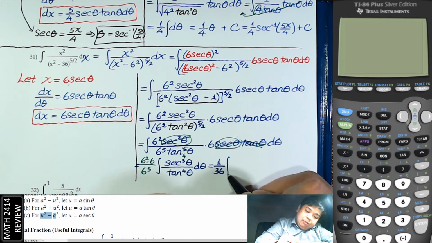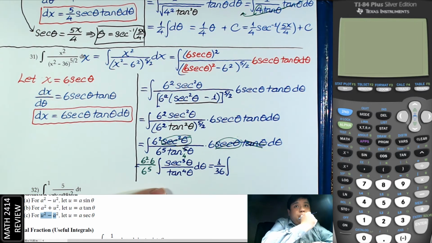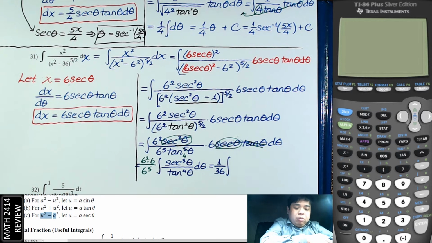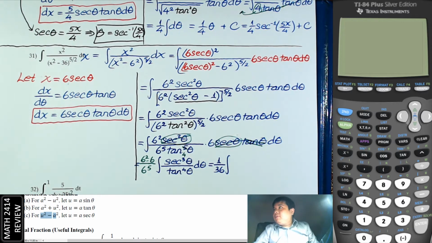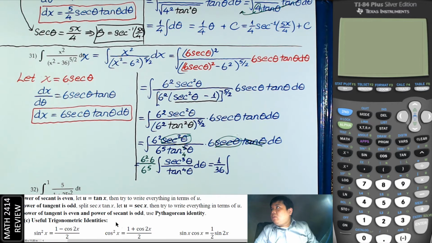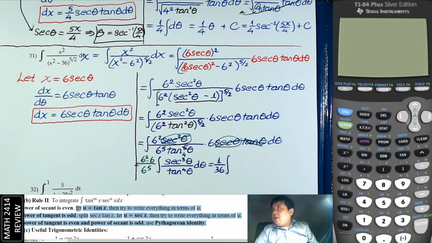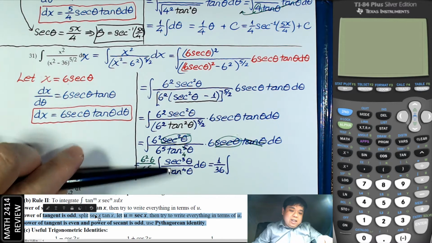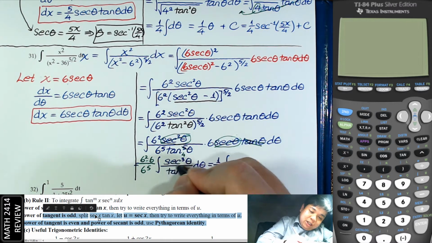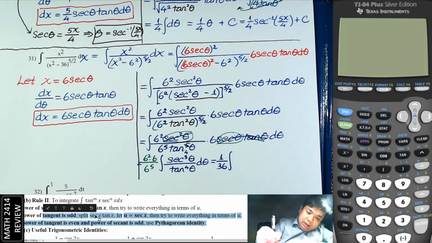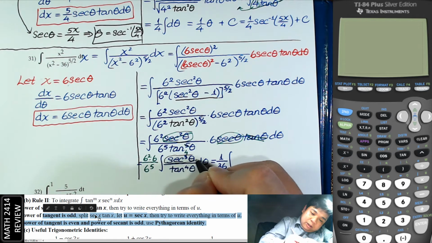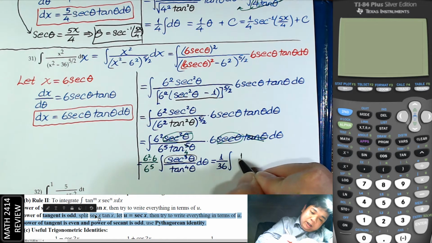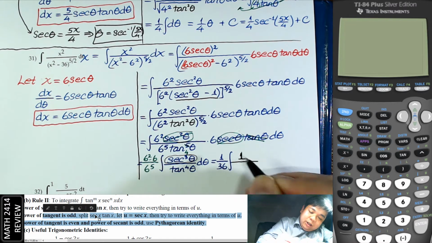Right. How do we simplify this? Of course, we can use this for tangent and secant. We can also change everything to sine, cosine. Secant is 1 over cosine. So the secant cubed is 1 over cosine cubed.